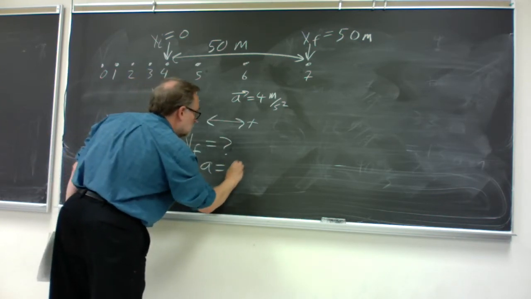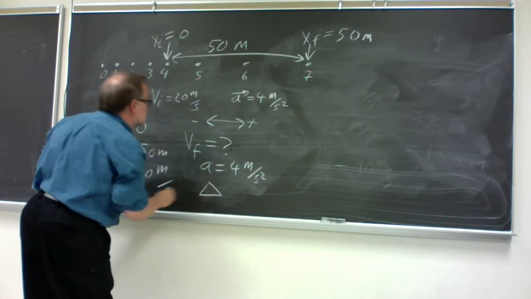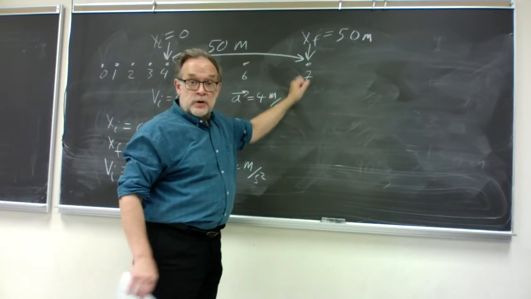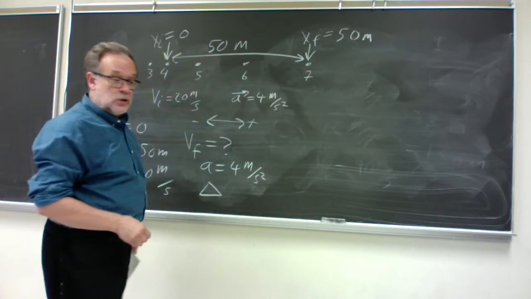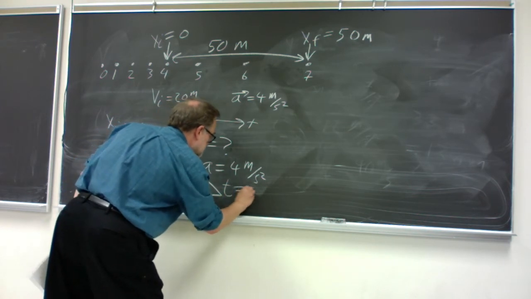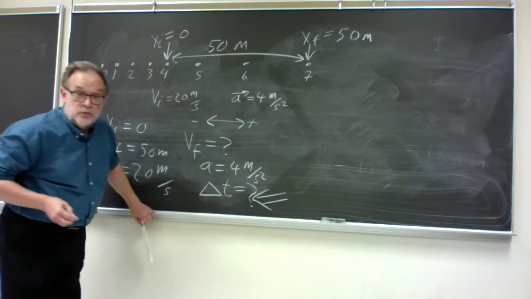Acceleration is 4 meters per second squared, and the length of time it takes the car to get from here to this point 50 meters away while it's accelerating, that's what we're trying to find.